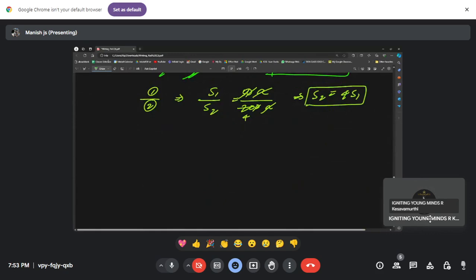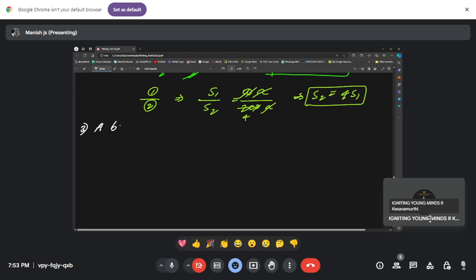Question number 3. Okay, this is another type of question, a different model altogether. Let us see how to do this. Here we go.